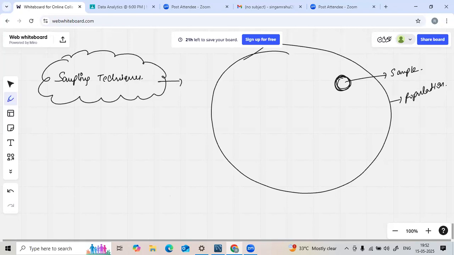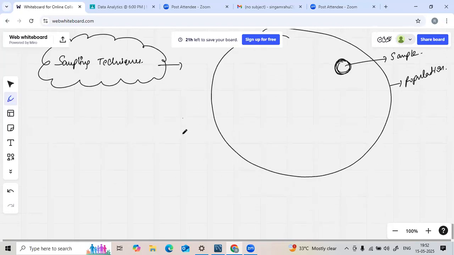And what are the different types of sampling techniques available? Let's try to have a discussion on it.